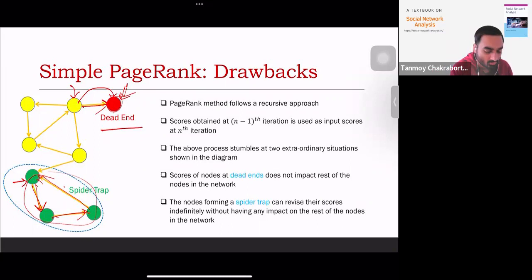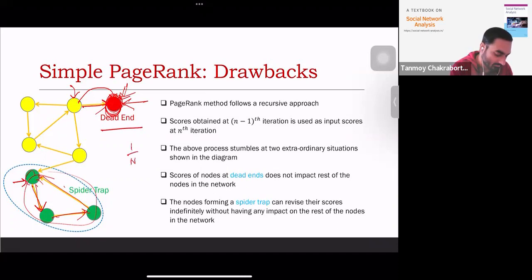To overcome the problem, what was proposed is the random jump. Let's assume that at every node there are two probabilities. Either you follow one of the hyperlinks, or you move from this node to any of the nodes. So when the random walker is at this node, he can easily move to any other node with the second probability, which is 1 by n, as I mentioned.